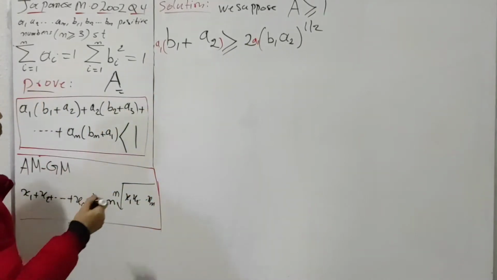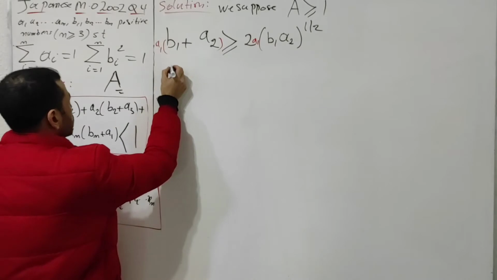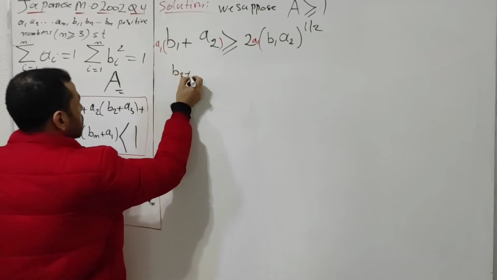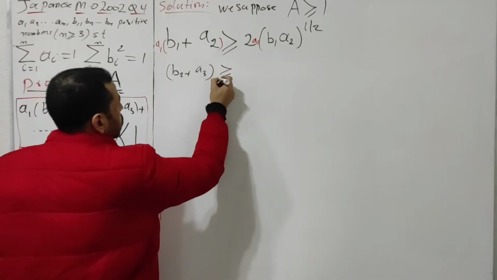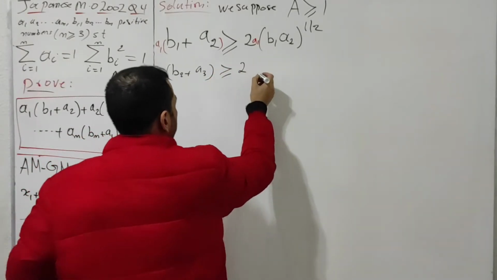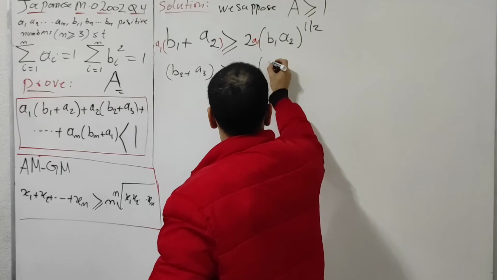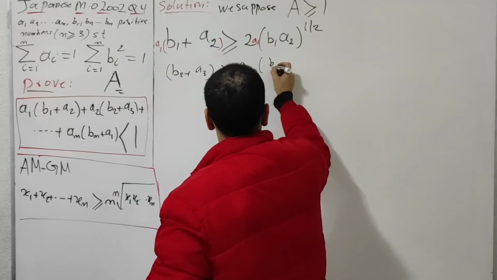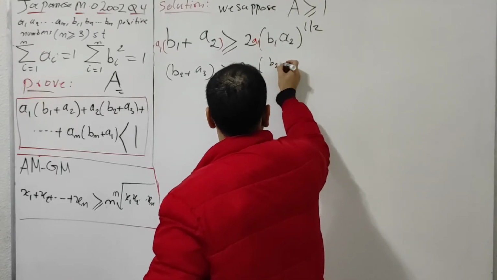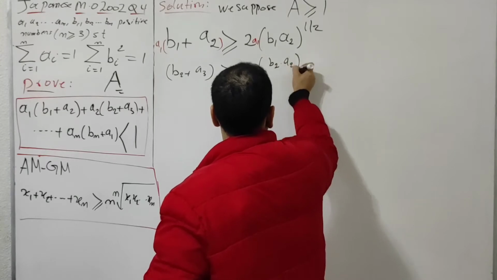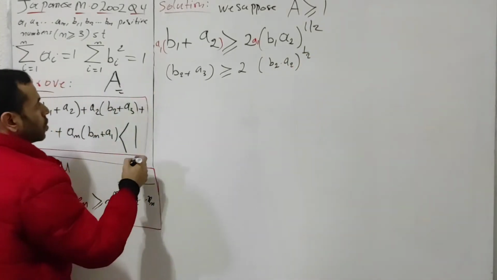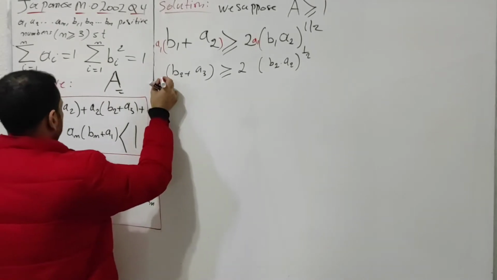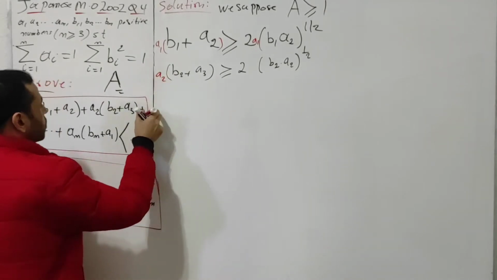For the second term, b_2 + a_3 is greater than or equal to 2 times the square root of b_2 a_3, and don't forget to multiply both sides by a_2.